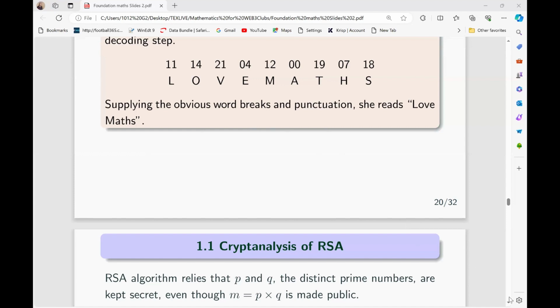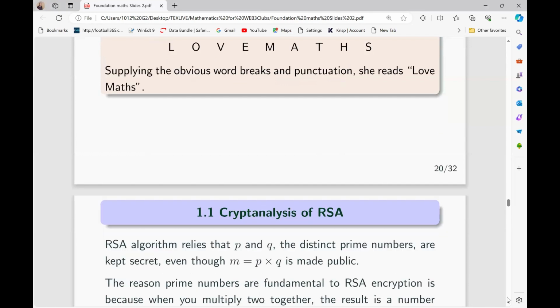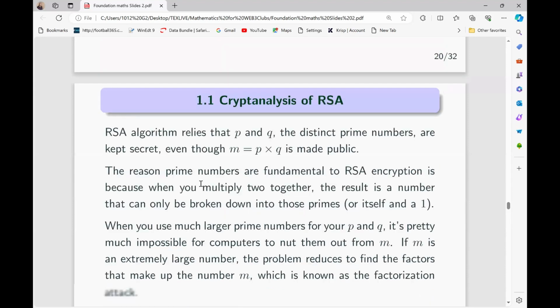Now, that is cryptanalysis, and that is, we're saying that you want to access somebody's work without the keys, so you have to use other means. Now, for the RSA, there are many ways of attacking it, but some of them are very difficult.